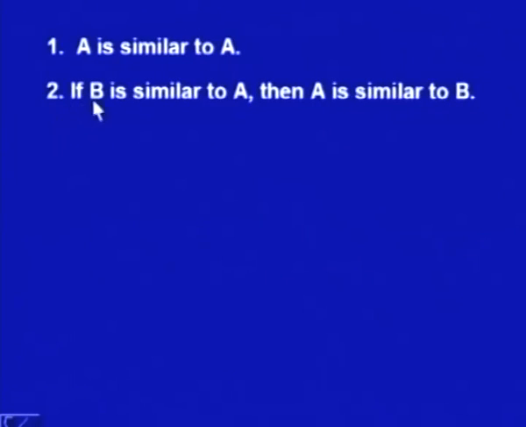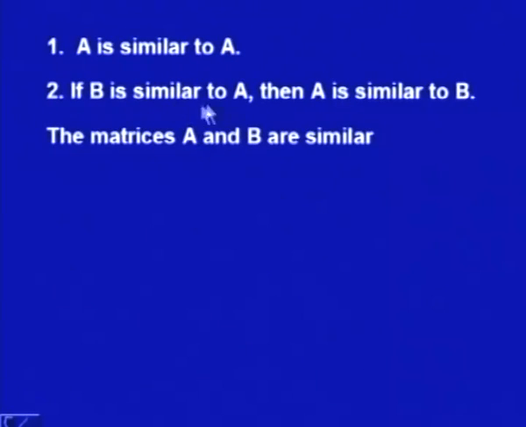Secondly, if B is similar to A, then A is similar to B. This can be very easily established, and on the basis of this one can say the matrices A and B are similar. You do not have to say B is similar to A or A is similar to B, we can simply say that the matrices A and B are similar.